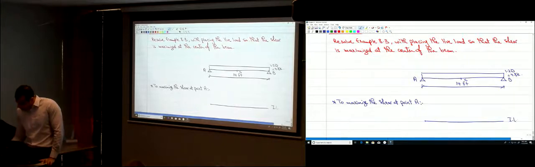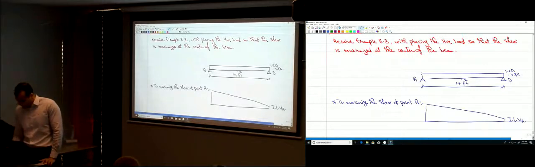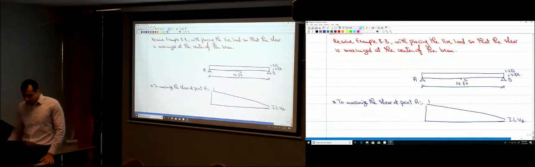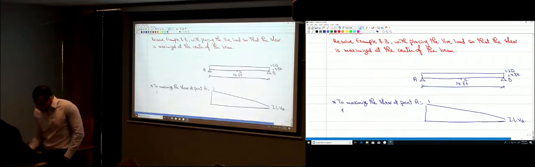The influence line for VA would look like this. 1 and 0 here. So you actually need to maximize the shear at point A, apply the load everywhere.